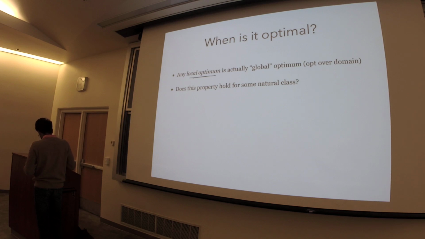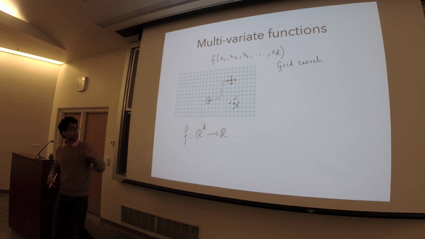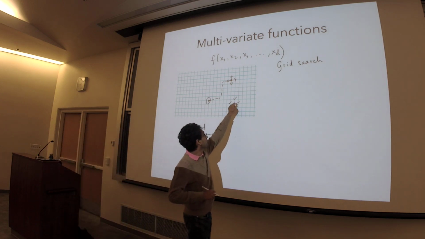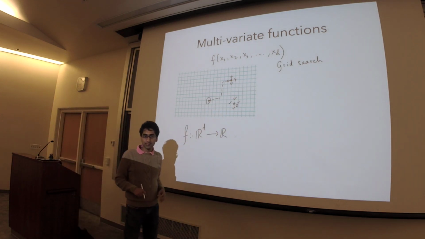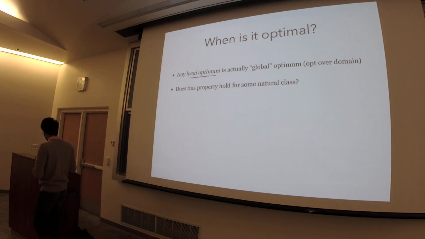In this grid search example, some point x is a local optimum if the f value at this x is smaller than the f value at these 4 nearby points. This procedure is bound to give a correct answer only if you have that nice property that any local optimum is actually a global optimum.